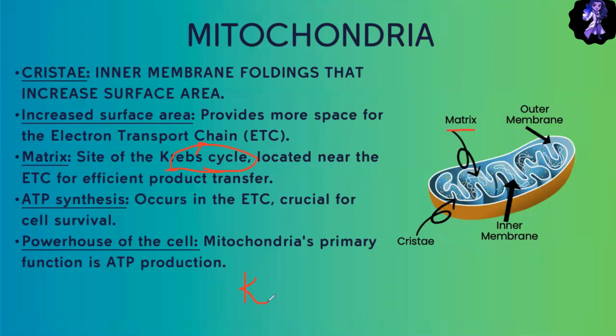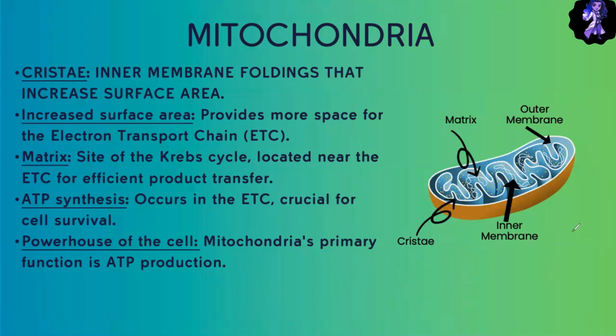Because you have the matrix, you have the Krebs cycle that takes place, which also means that if it works more efficiently, then the electron transfer chain can exist. And because it can exist and work efficiently, it produces more ATP. And if we have ATP, we have more energy, which is important.